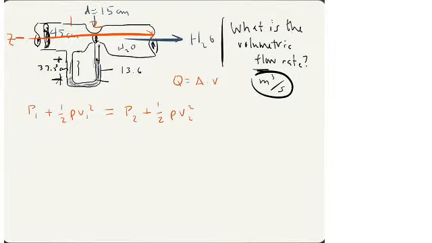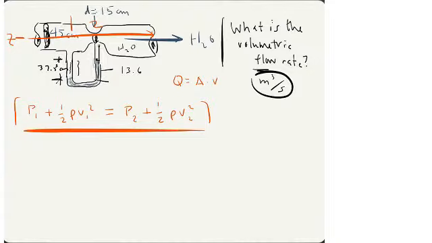If we look at this equation right here, we don't have the velocity terms, and we don't have the pressure terms. We could get the pressure differential, the difference between P1 and P2. So that would eliminate two variables, and now we're left with V1 and V2.